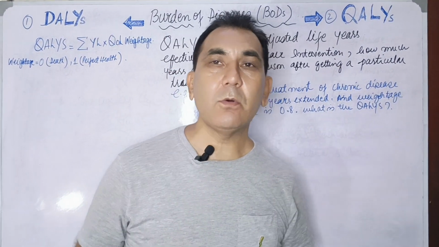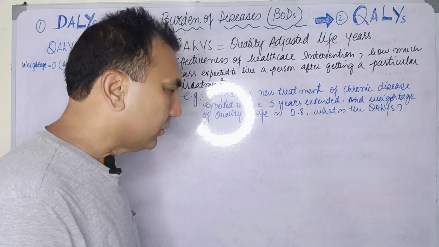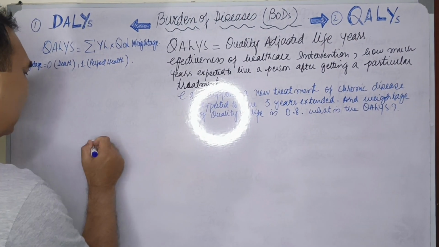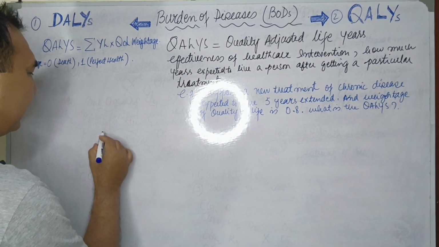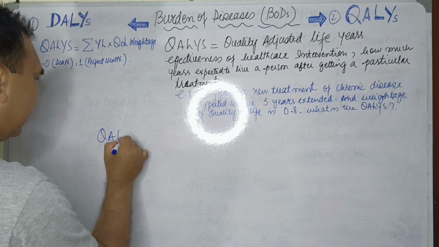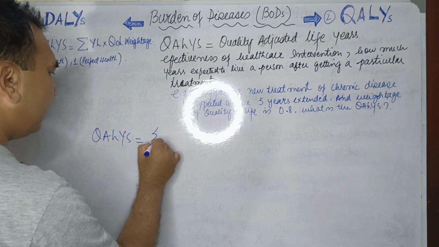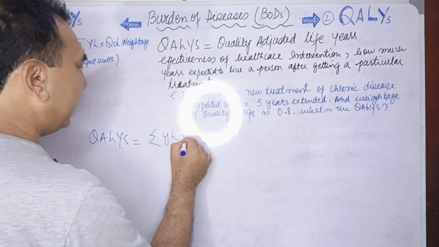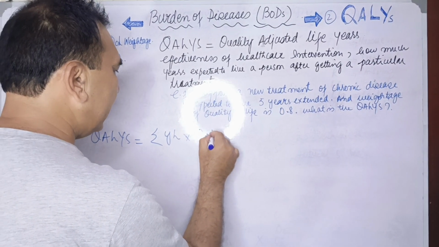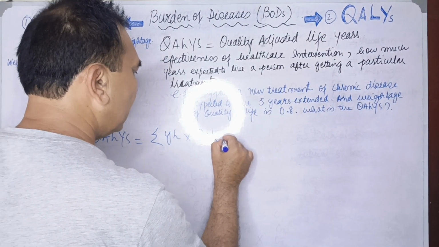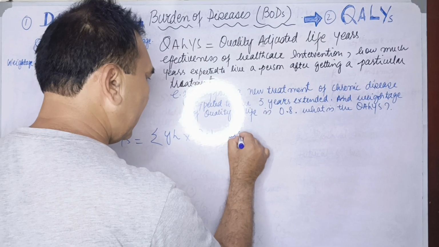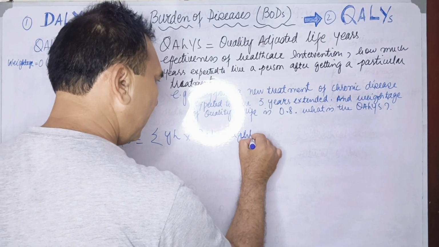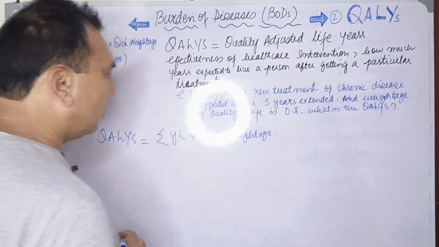So what would be the QALYs? The formula for the measurement of QALYs is the sum of the years of life multiplied by the quality of life weightage of the disease.